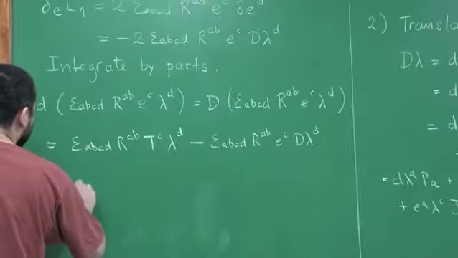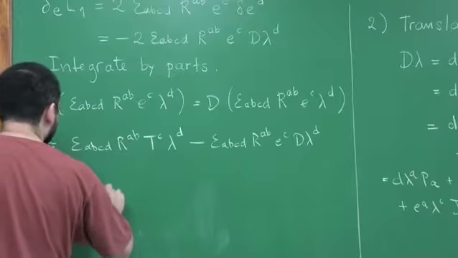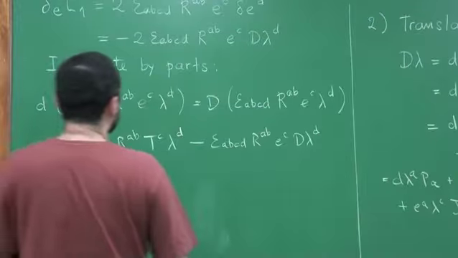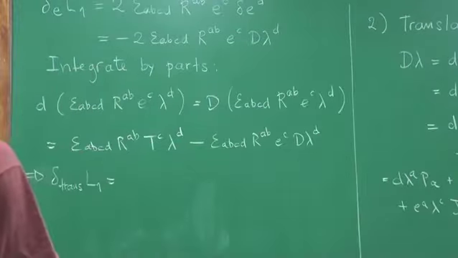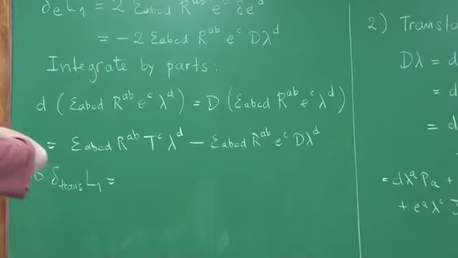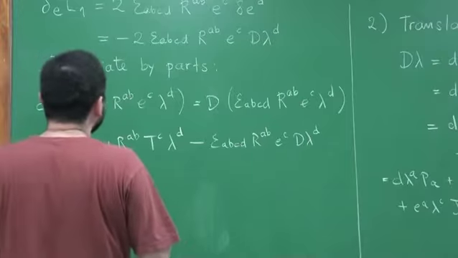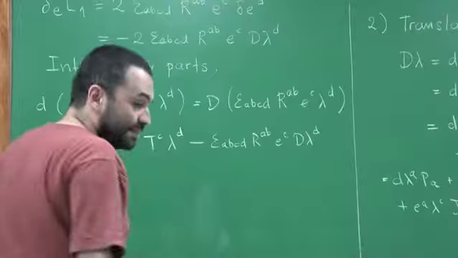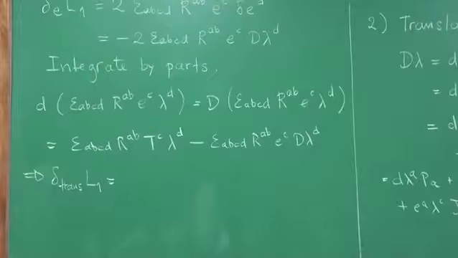So in the end, what we have is delta translations of L1 is... Okay, it's 2 times this.